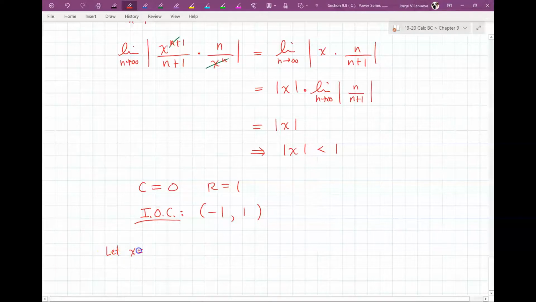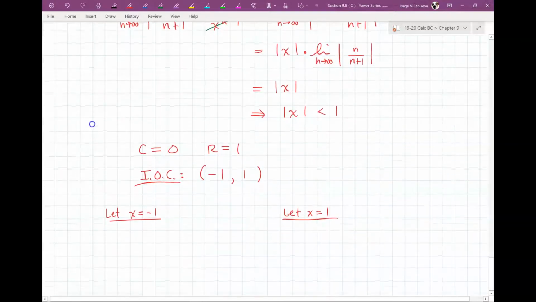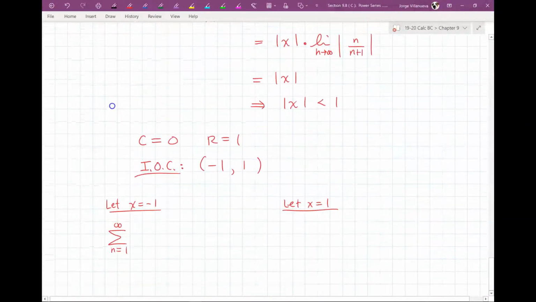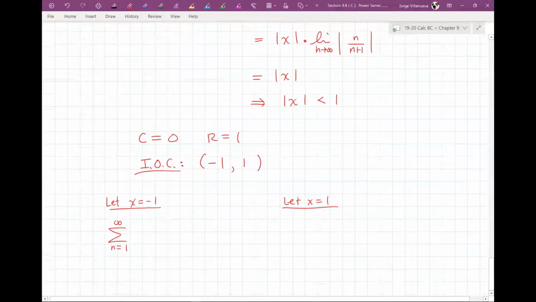So let x equal negative 1. Let x equal positive 1. So using my original function, n goes from, it was 1, right? 1 to infinity of x to the n over n, right? So if x is negative 1, it's negative 1 to the n over n.